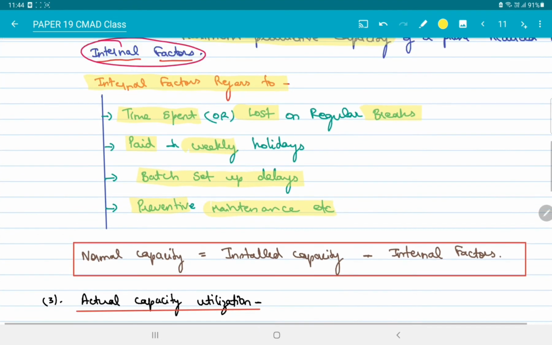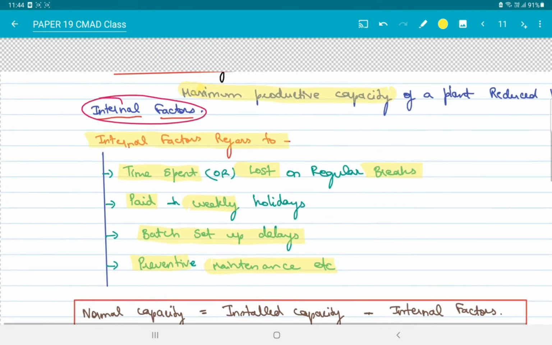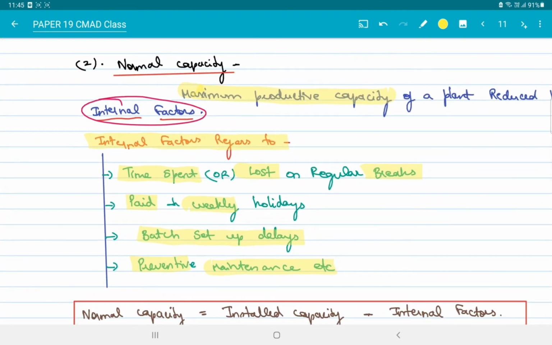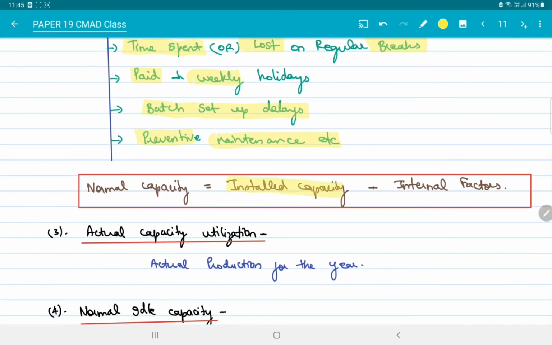So all these internal factors will reduce the maximum productive capacity of a plant, which will be called normal capacity. So normal capacity is equal to installed capacity minus internal factors.